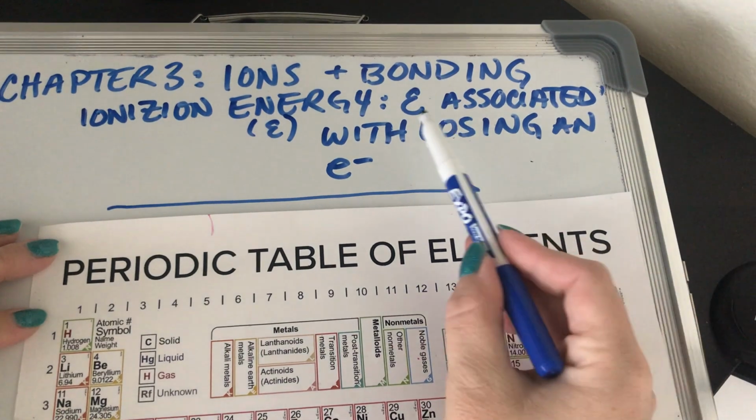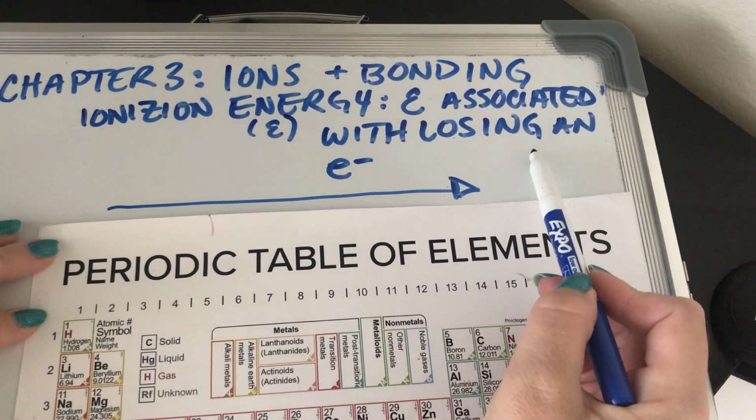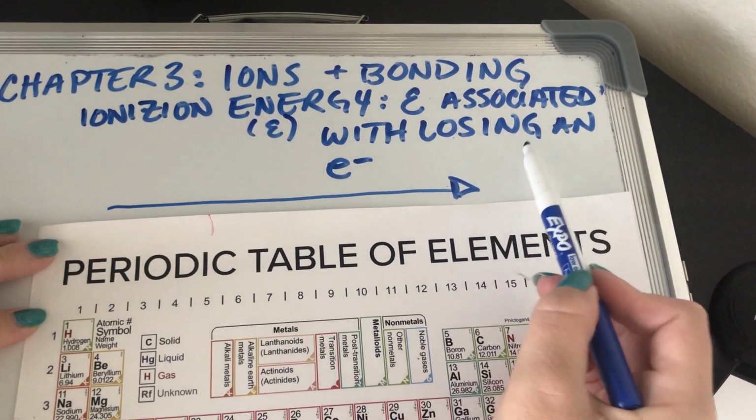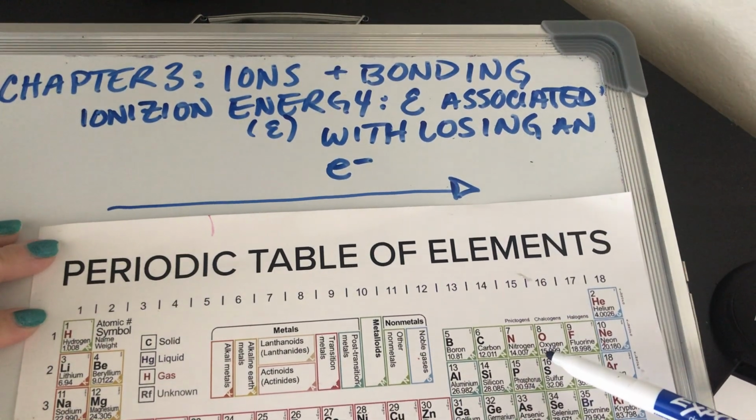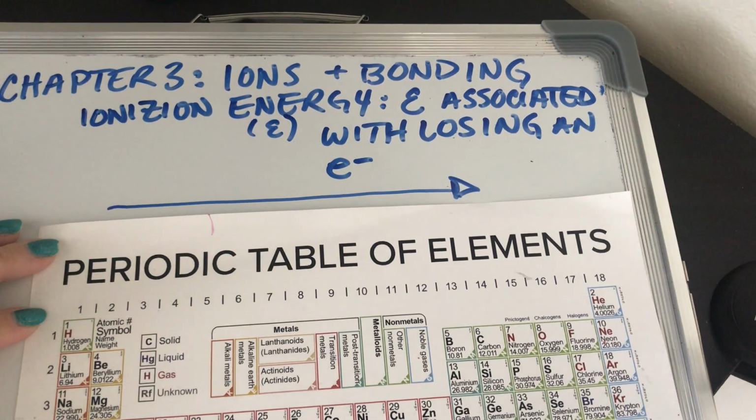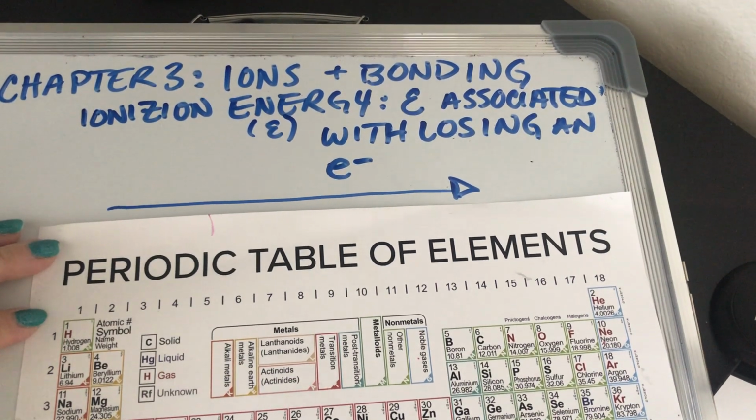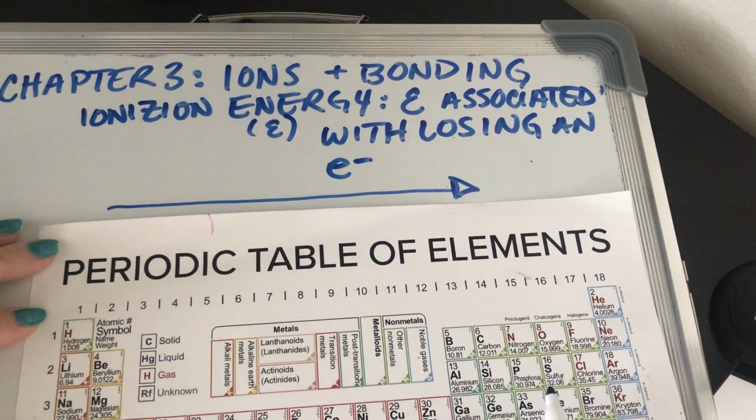So if this is the energy associated with losing an electron, and we said that nonmetals do not want to lose electrons, then when we talk about that want characteristic, what we're really talking about is energy. We're talking about how much energy it takes to lose an electron, and if you're a nonmetal, it's going to take a lot more energy, right?